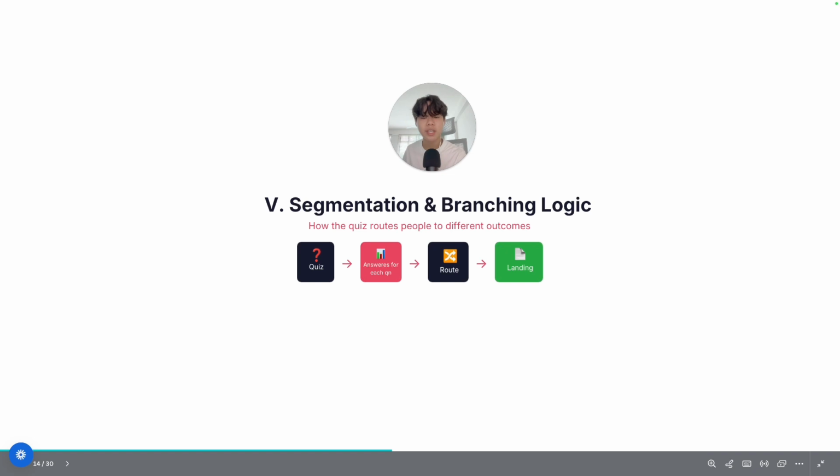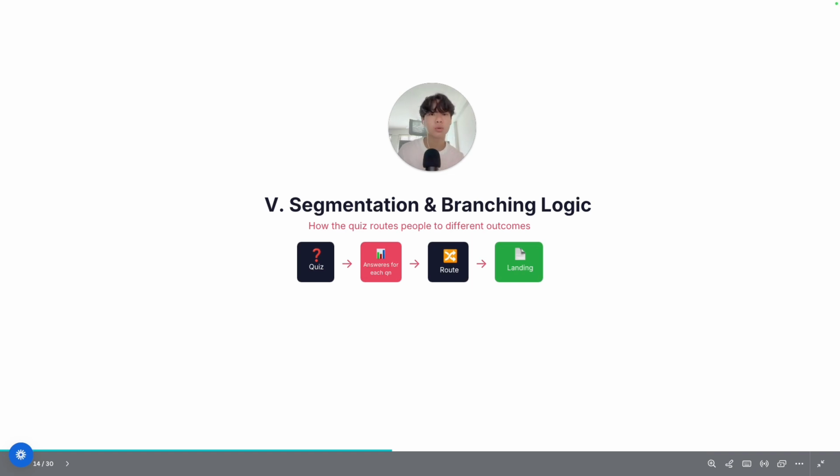Alright, so for segmentation and branching logic, how does the quiz actually route people to different outcomes? Okay, so let's say we have the quiz, with answers for each question, and we can route them to different landing pages. What does that mean?